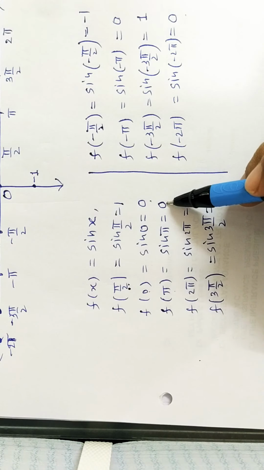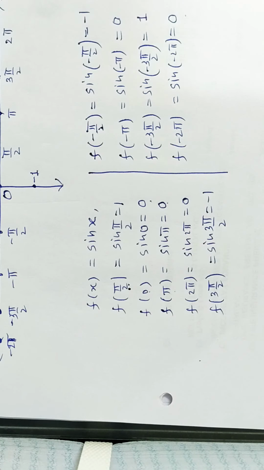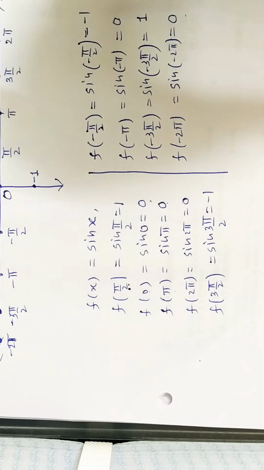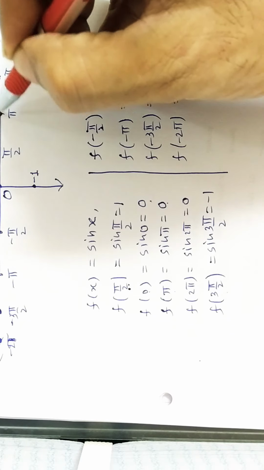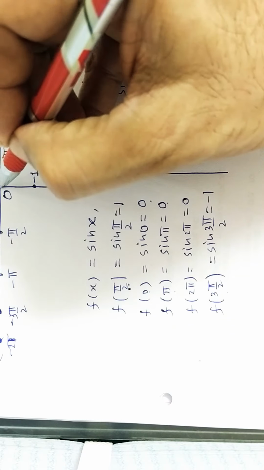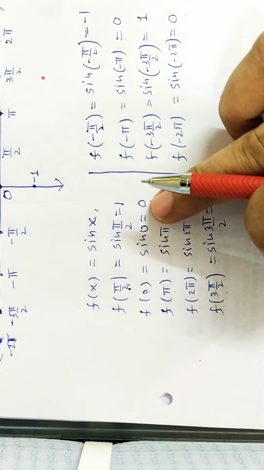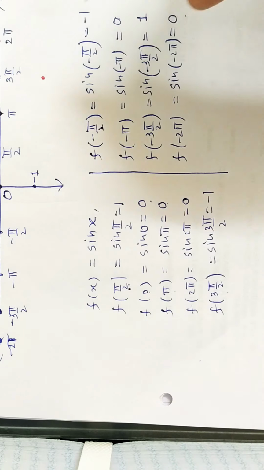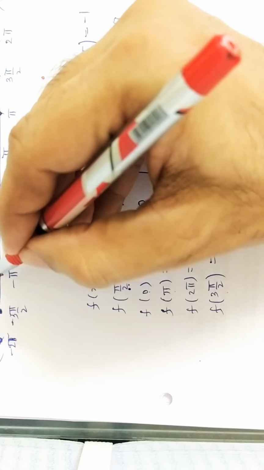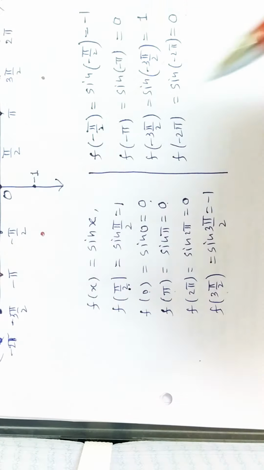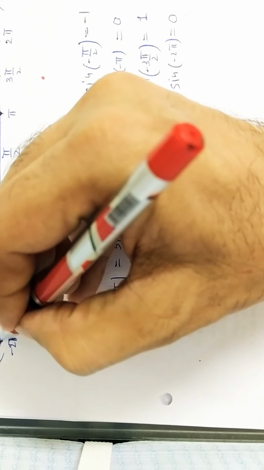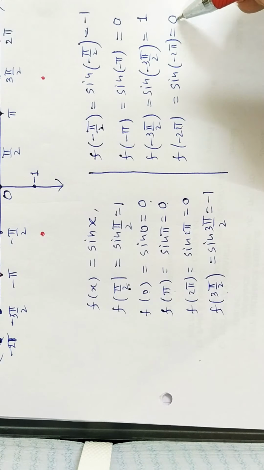Pi corresponds with 0. 2 pi corresponds with 0. 3 pi by 2 corresponds with minus 1. Minus pi by 2 corresponds with minus 1. Minus pi corresponds with 0. Minus 3 pi by 2 corresponds with 1. Minus 2 pi corresponds with 0.